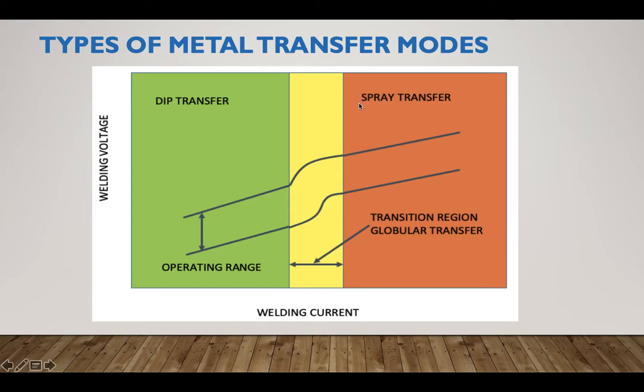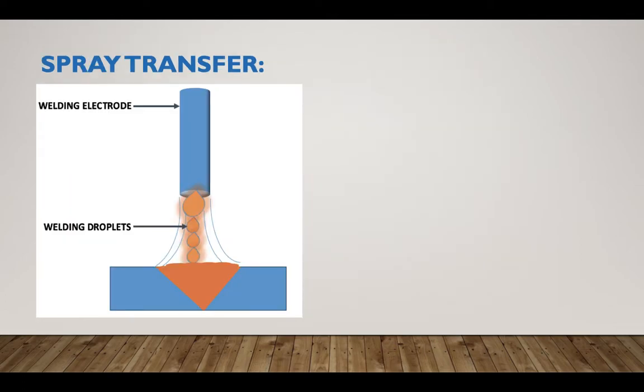The first one to discuss is spray transfer, the next one is globular transfer, and the next is dip transfer. If you see globular transfer, it is a stage between the spray and dip transfer. So this is the transition region. In the next slide we will be discussing in detail each metal transfer mode. So let us move. Spray transfer.